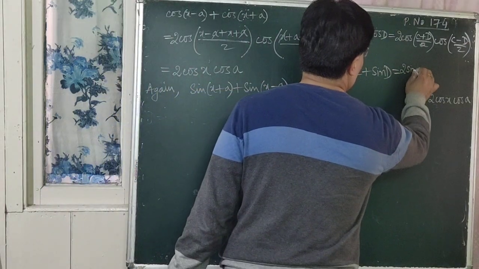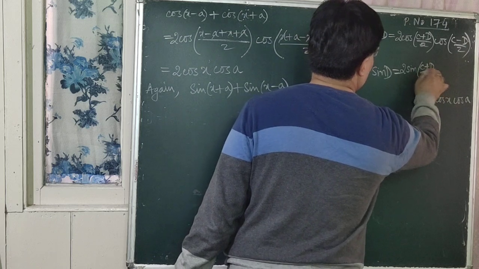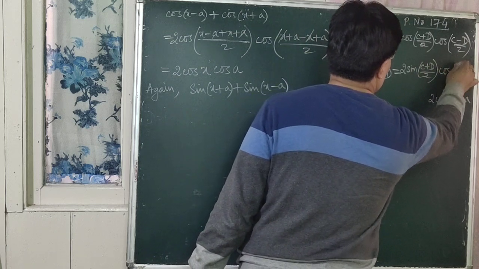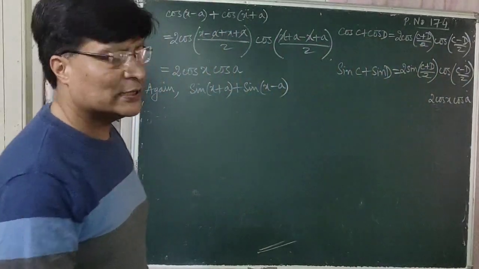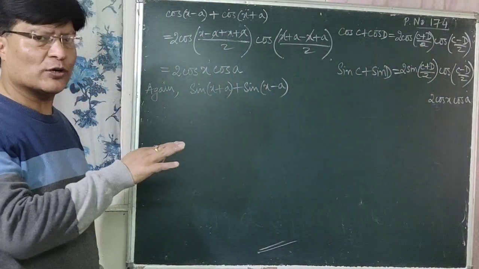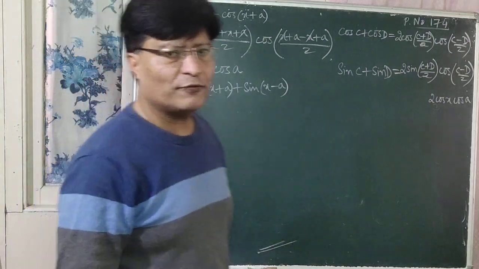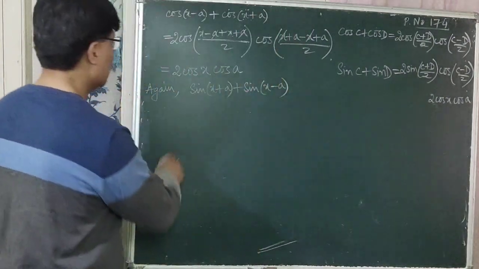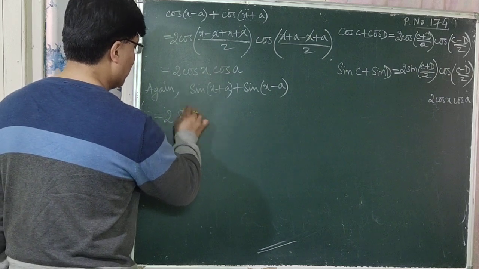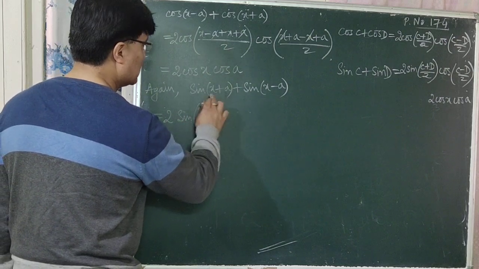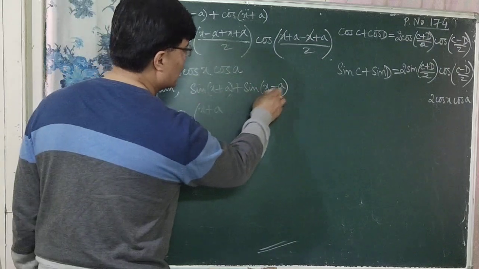2 sin of (c plus d)/2 into cos of (c minus d)/2. That is your formula, right? So use the formula here. 2 sine of (c plus d)... c here is x plus a. X plus a is more than x minus a.